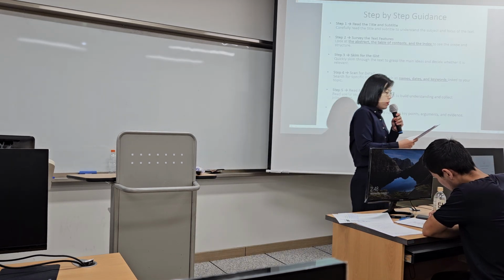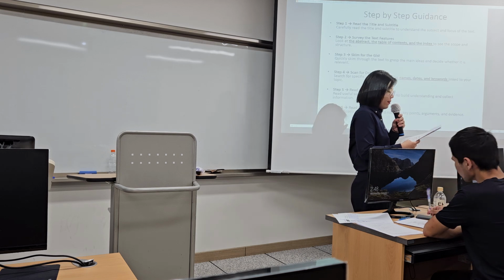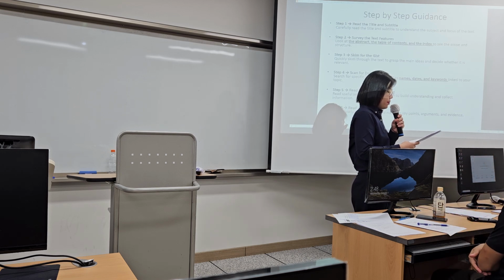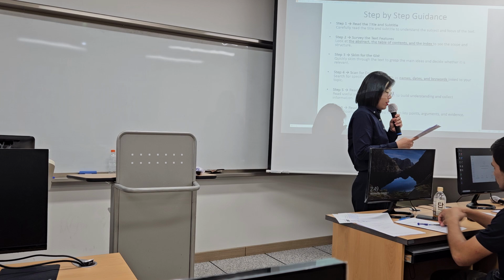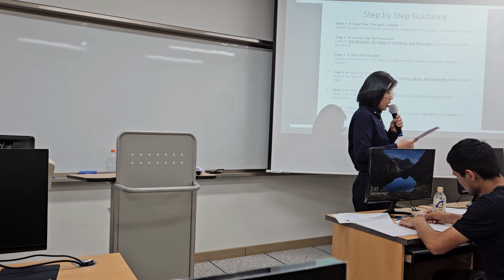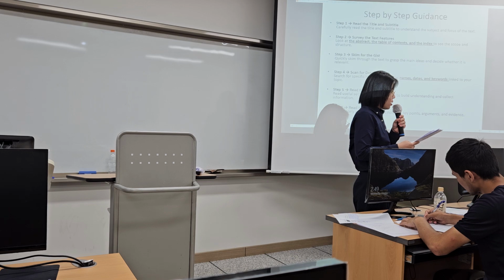All right, so read title and subtitles carefully. Afterwards, what do we have to do? What are the examples of the text features that we have to pay attention to? Abstract, table of contents, and index, right? And afterwards, you skim text for gist, or you scan text for what?